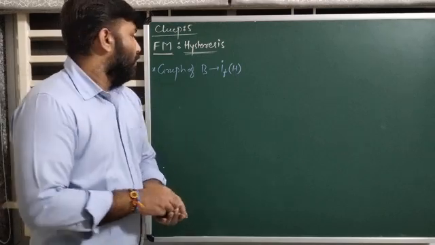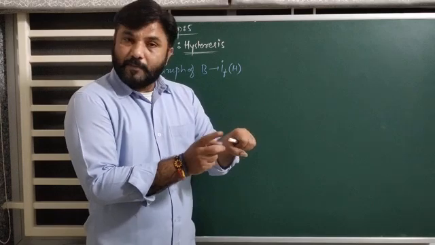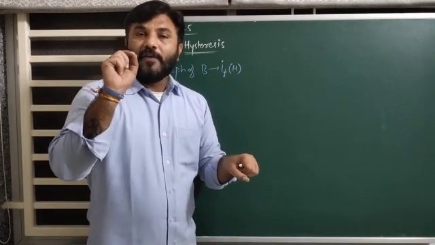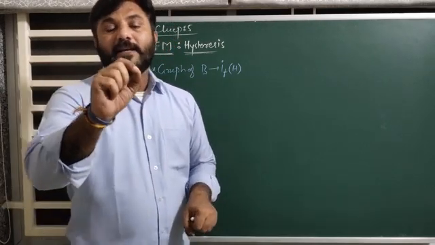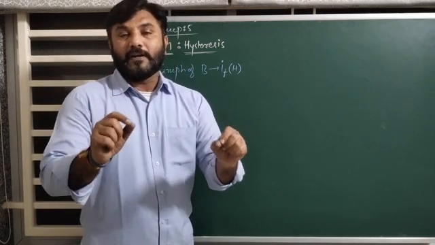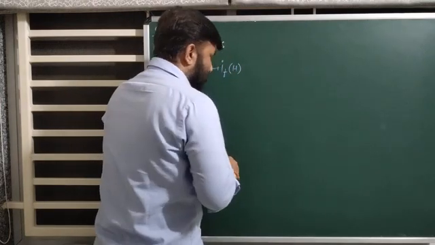So, first of all, what to do? Here, we have placed the material. Initially, electric current is 0. If electric current is 0, then the magnetic field produced inside the material is also 0. From there, we are going to start the graph. So, the graph is like this.